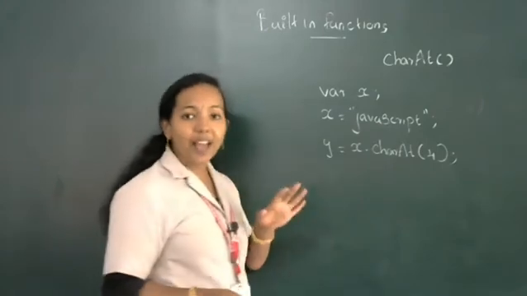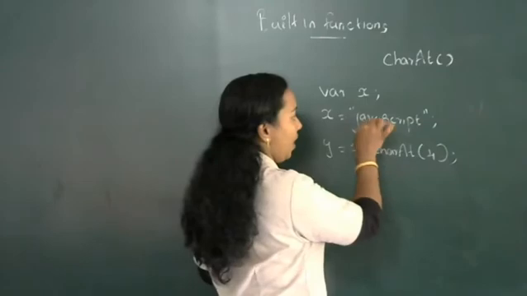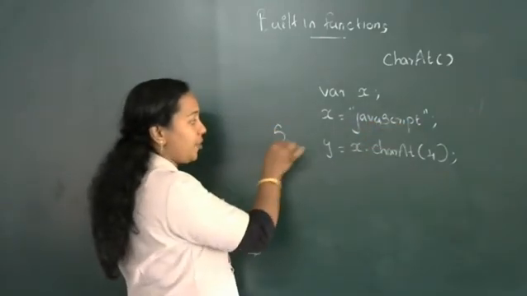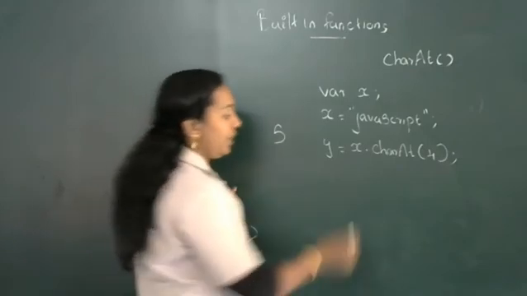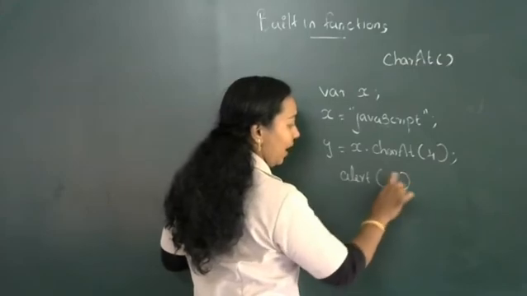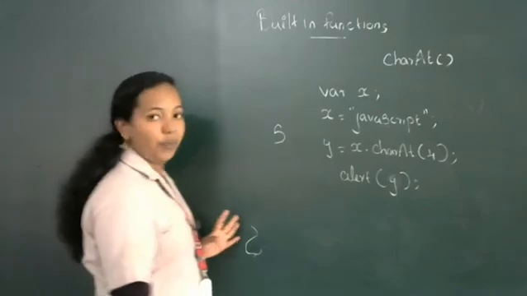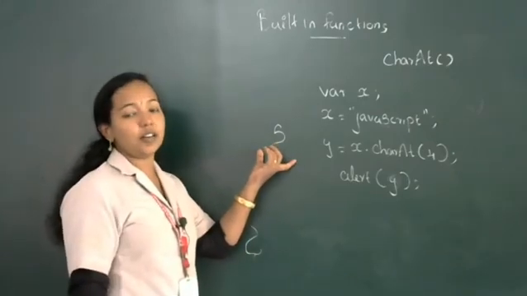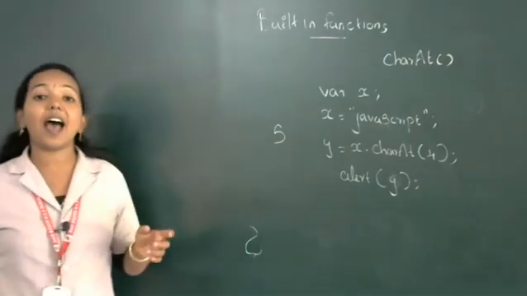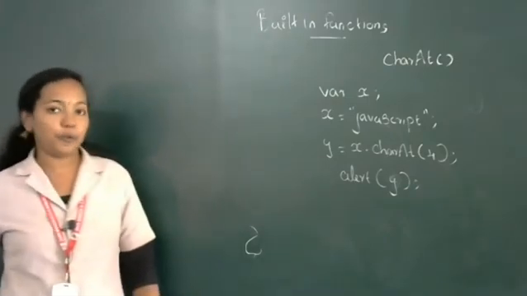That means the character present at the fourth position: 0, 1, 2, 3, 4. So what will be the output? The character at the fourth position is S. Then we can display it with alert of y, and we will get S in the message box. So for what purpose are we using the charAt function? To find the character at a particular position.